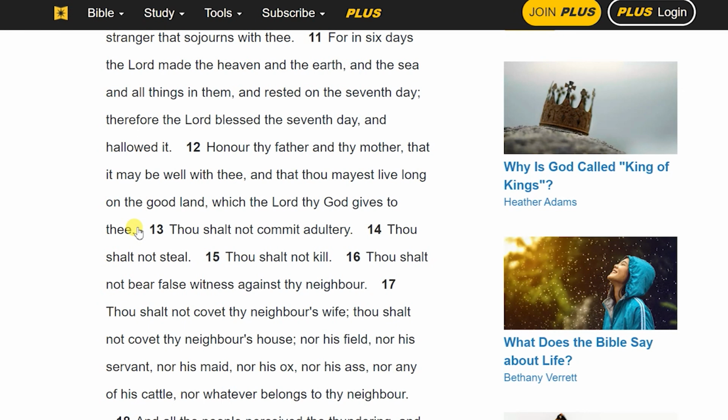This was not the commandment, because if you take a look at what's going on around the world today, let's say you have a parent who is a homosexual. Should you honor that parent? Because this would contravene this particular commandment, right? He says, honor thy father and thy mother.